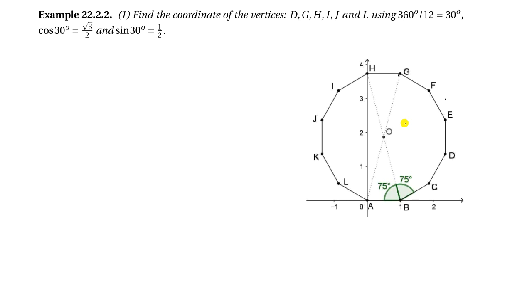So first, when you start, point A is (0, 0), point B is (1, 0), and to get the coordinates of C, we need to know how much this line segment BC is tilted. What is the slope of this line?